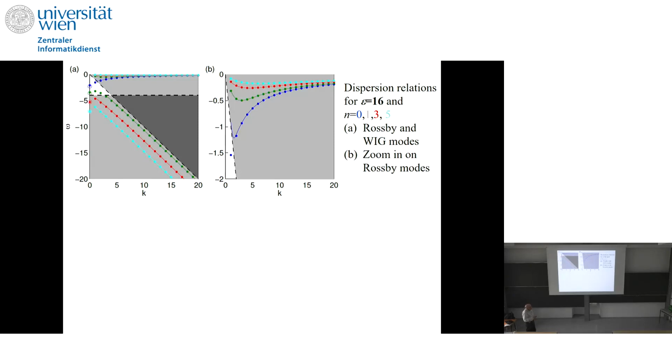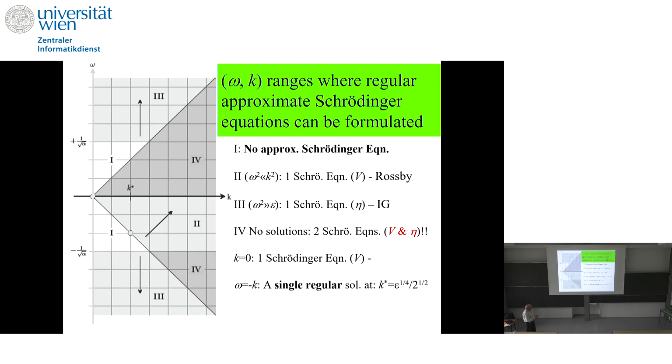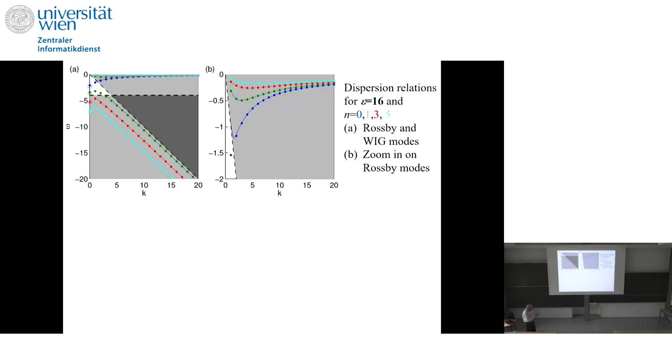To zoom in on this region, this is for epsilon of 16, so the fourth root of it is 2. What you see here is, again, region 2. And you see that indeed you have Rossby waves, and the Rossby wave here terminates, giving rise to a Poincare wave.